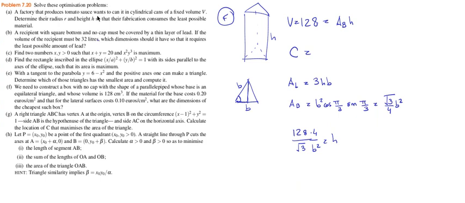So this is 0.2 times the area of the base, which is the square root of 3 over 4 times B squared, plus the area of the lateral surfaces, which is 3 times B times this. Let me write it just like V. So this is V times 4 divided by the square root of 3 times B squared.